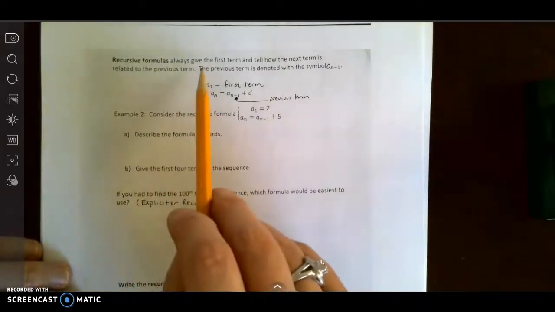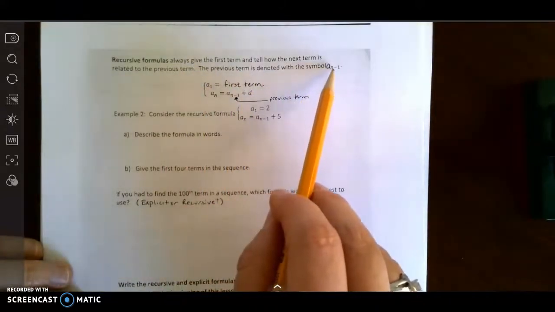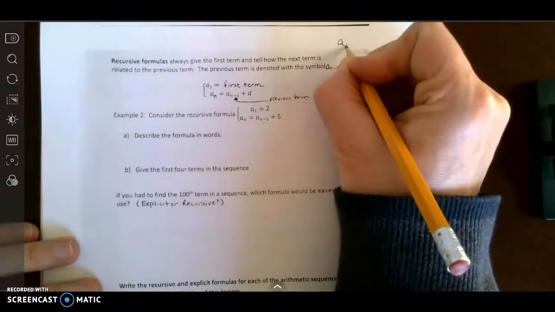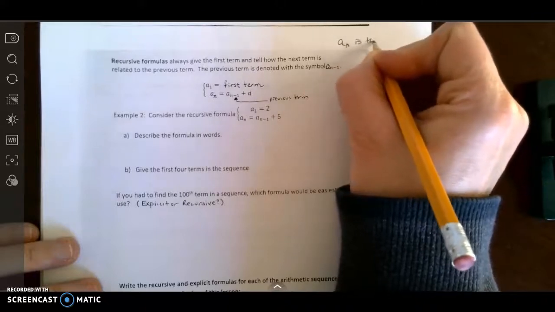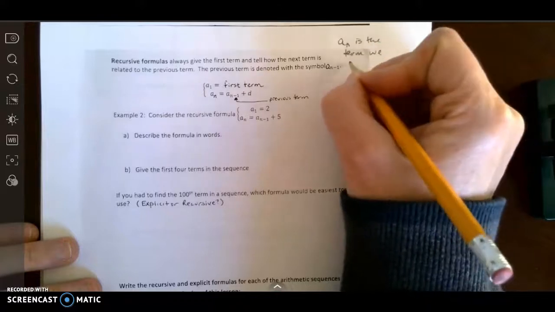And the previous term is denoted with the symbol a sub n minus 1 because a sub n is the term we want. So a sub n is the term we want.